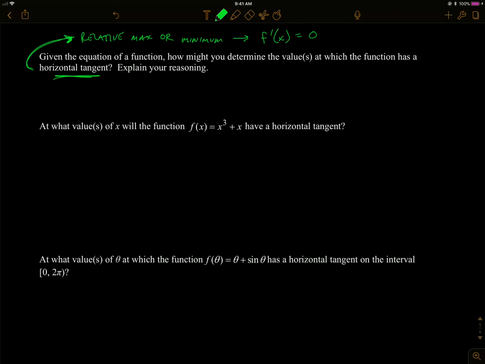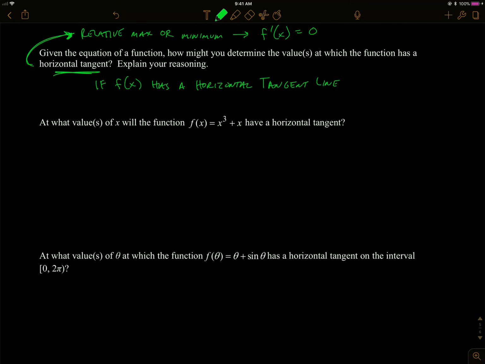So first of all, let's just write this out so you know what to do when you want to find a horizontal tangent line. We'll say if f of x has a horizontal tangent line, that means the slope of that line has to be 0, which means the derivative will be equal to 0.